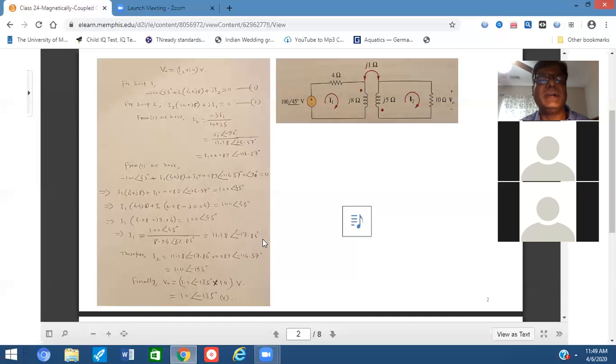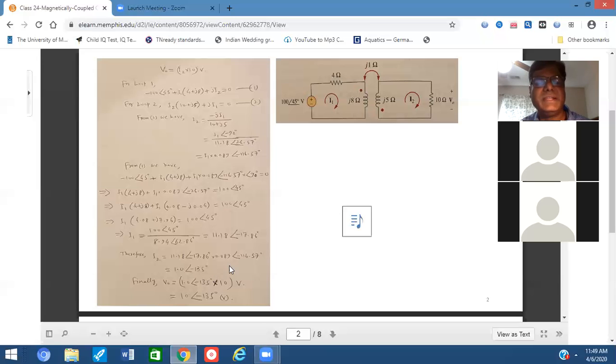And once you got I1, substitute the value of I1 into the I2 equation, where previously we calculated I2 equal to I1 multiplied by 0.089 at an angle of minus 116.57. There I am substituting. So finally I got I2 equal to 1.0 at an angle of minus 135 degrees.